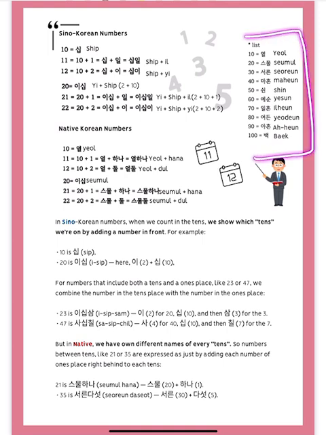Here are lists of more numbers. In Sino-Korean numbers, when we count in tens, we show which tens we're on by adding a number in front. For example, 10 is 십, 20 is 이십, where 2 is 이 and 10 is 십.